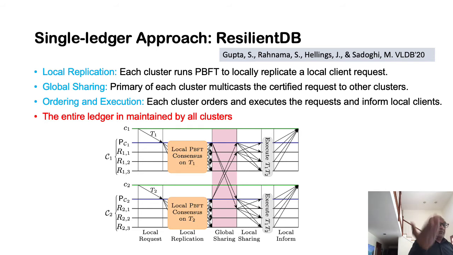They theoretically established that all they need is to send F+1 messages during the global sharing phase, and after that the transactions executed in this cluster and the transactions executed in that cluster are deterministically ordered by all these nodes, and then you go and execute these two transactions.